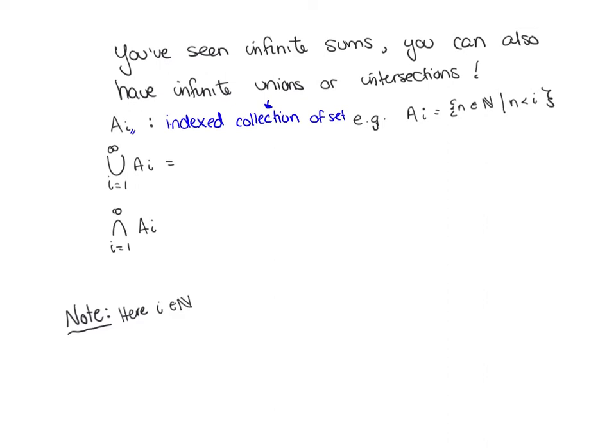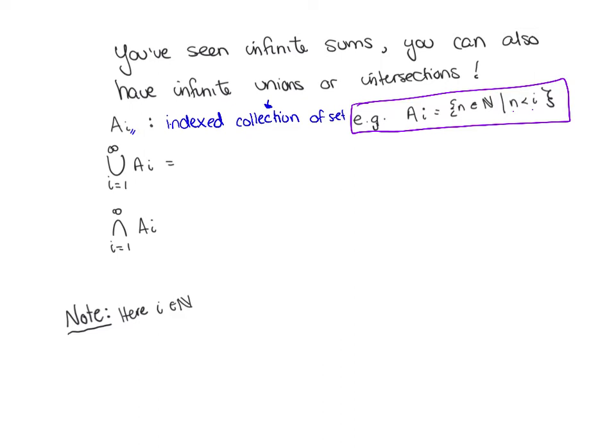The index is because it has that I there. So maybe, for example, here we want our A sub I to be the sets of natural numbers where that natural number is less than I. So I can figure out A sub 1 would be the natural numbers less than 1, A sub 2 would be all the natural numbers less than 2, and so forth.